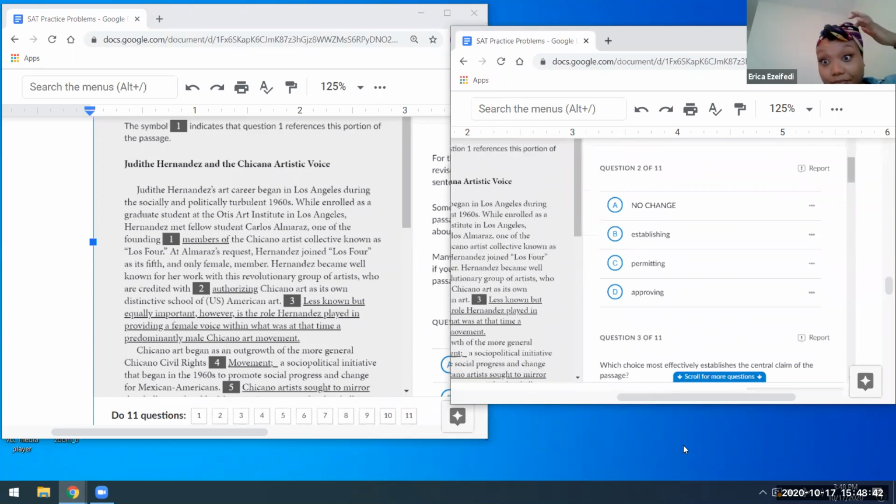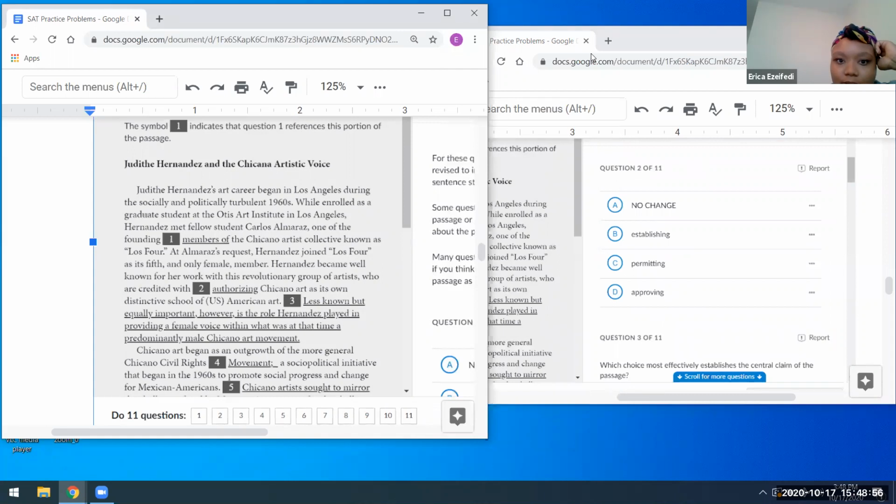So we're looking at just the word authorizing. So what did you guys get for number 2? We got B, we got B. Does anyone else want to input any answers or questions?